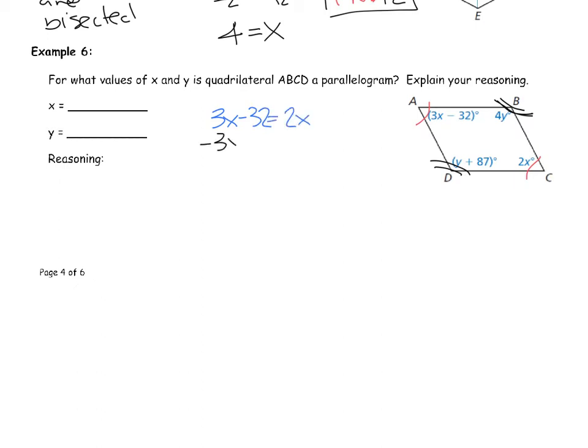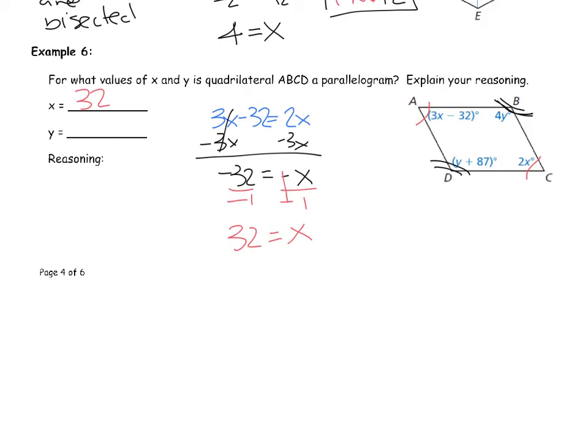All right, I'm going to subtract 3x from both sides. Those cancel out. Bring down the negative 32 equals, well, that leaves me with just a negative x. Can't have a negative x, though, so I've got to divide both sides by negative 1. And we get x to be 32. All right, so that's that first part. Now let's look for y.